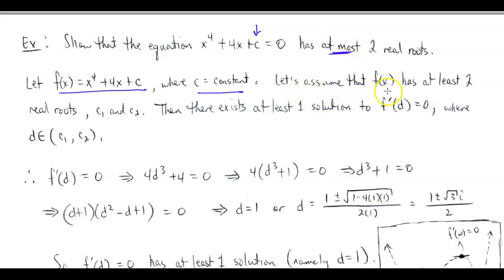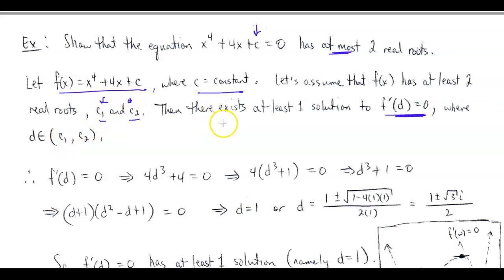So here, let's assume that our function has at least 2 real roots, c1 and c2. Okay. Then we know that there's going to exist at least one solution to the derivative of this particular function, f prime evaluated at some value d, and the value d is going to be in between these 2 values here.